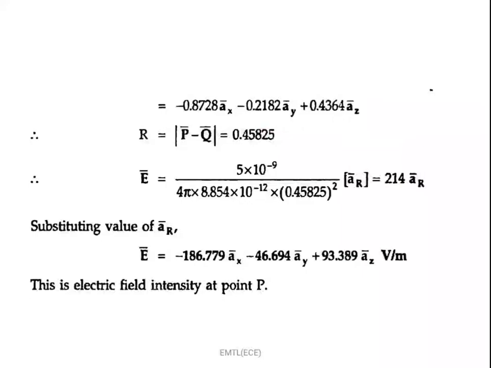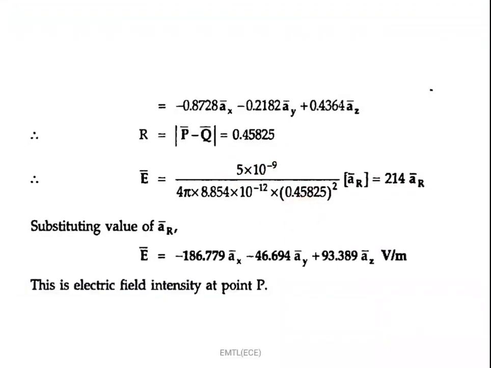So this is the final expression for AR bar, and by knowing all the values, the AR bar vector and the mod of R bar, finally the electric field intensity formula is Q by, here Q is 5 nanocoulombs. Nano is converted into coulombs by multiplying with 10 power minus 9. That's why 5 nanocoulombs is equal to 5 into 10 power minus 9.